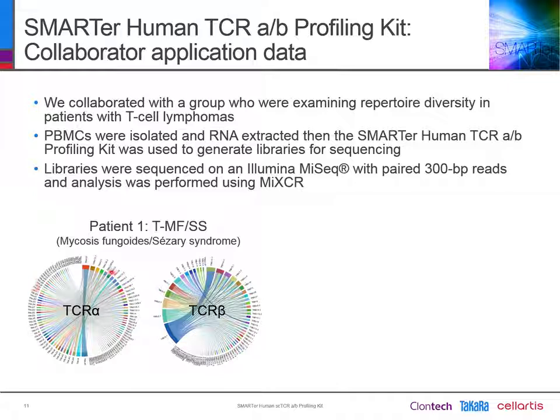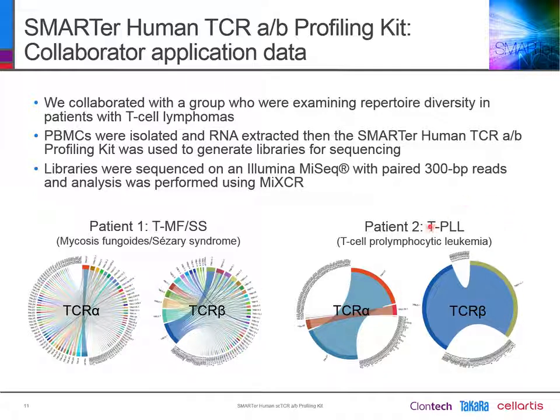What's shown here again is for the TCR alpha locus, you have a diverse range of clonotypes expressed with just this one clonotype, it's hard to see, being expanded in this particular sample. For the beta locus, you see the same thing, and you notice that there are a few of the VJ pairs that have been expanded.